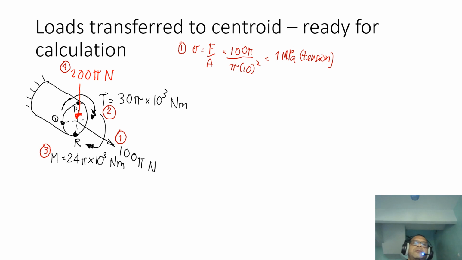And then we have load number 2. Load number 2 is uniformly distributed. I'm not going to do individual yet, I'll just solve one by one.